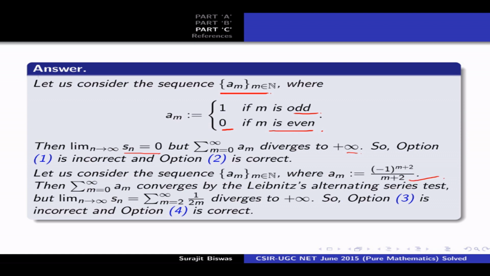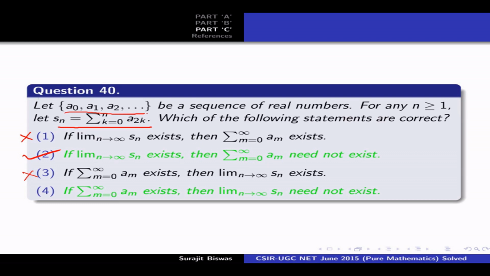Then the sum m equal to 0 to infinity a_m converges by the Leibniz alternating series test, but limit n tends to infinity S_n is the sum m equal to 2 to infinity 1 by 2m, and this diverges to plus infinity. So option 3 is incorrect, and therefore option 4 is correct, because option 4 is complementary to option 3.